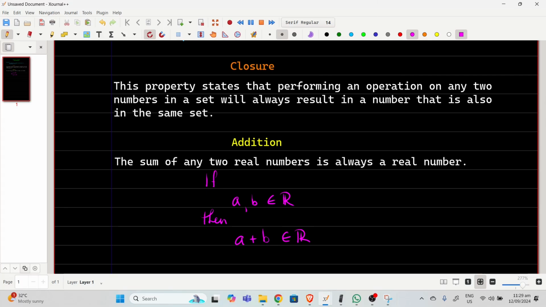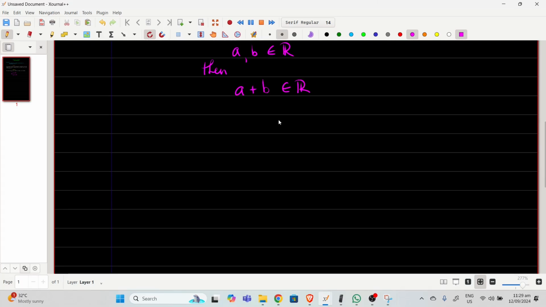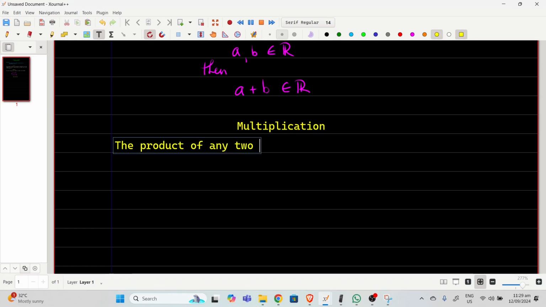There's also closure for multiplication. So let's establish one for multiplication. For multiplication, the product of any two real numbers is always a real number.